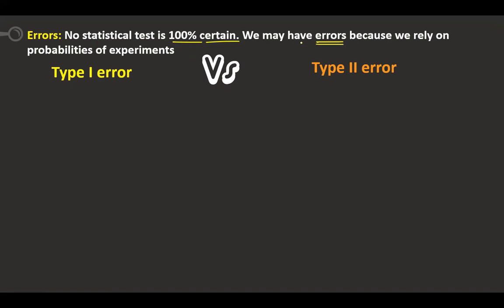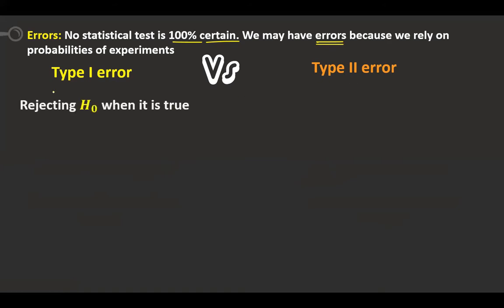Okay, now why will this error come? Because we always rely on probabilities to get the correct answer, so correct conclusion, correct inference. So we will be having two types of errors here. First type of error is called the type 1 error, and the second type is called the type 2 error.